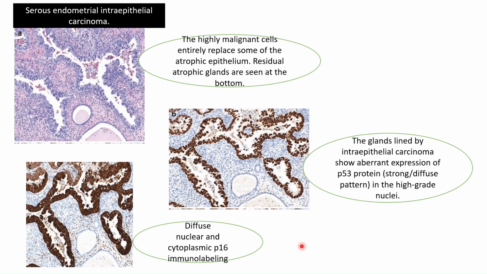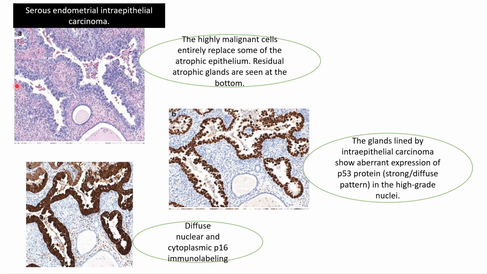Here we can see serous endometrial intraepithelial carcinoma. This section shows different types of glands, like resting or atrophic endometrial glands. We can compare these with the highly atypical glands showing atypia with high NC ratio, but the basement membrane is intact.